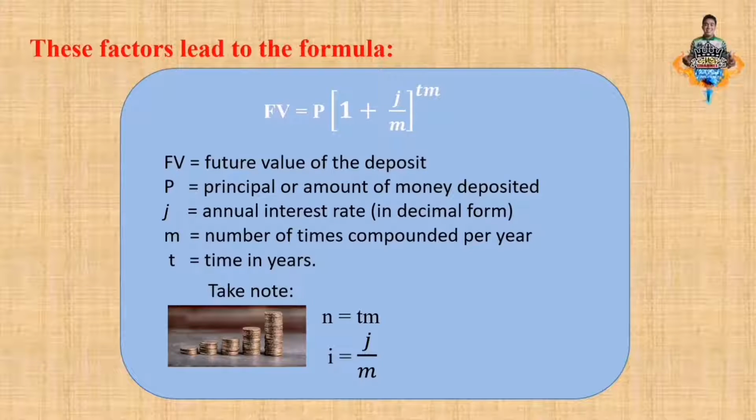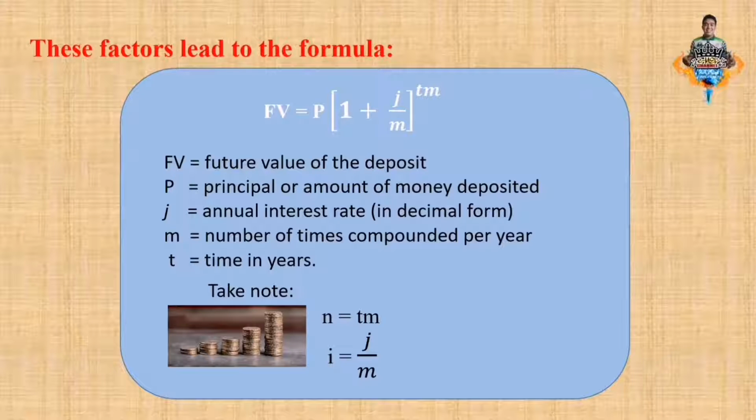The formula of compound interest is FV equals P times (1 plus J over M) raised to the power of TM, where FV is the future value of the deposit. P is the principal, present, or face value, or amount of money deposited.